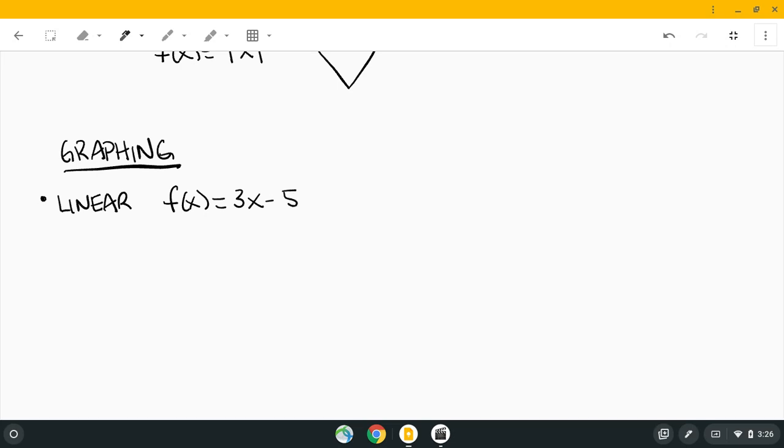When I graph this, I can graph it without making a table of values because I know that my slope is 3. This is our slope. This is our y-intercept. Here, I'll write that down.